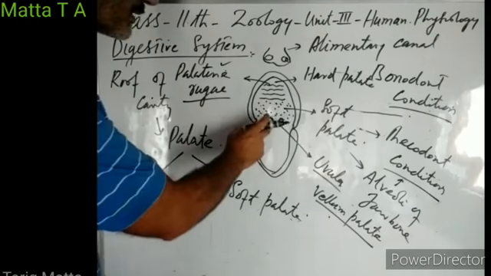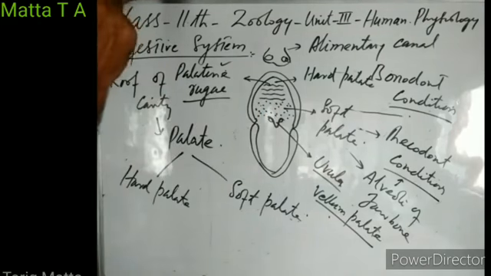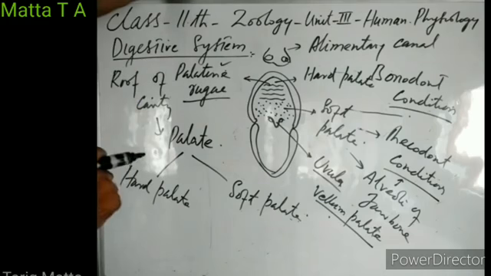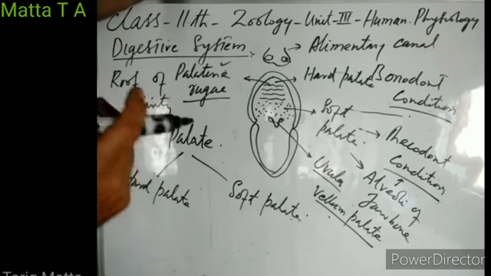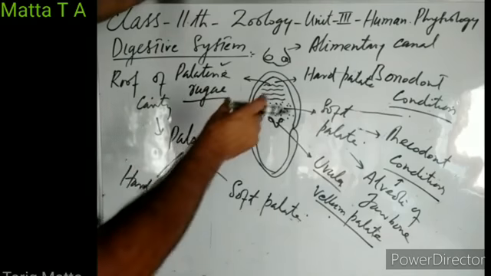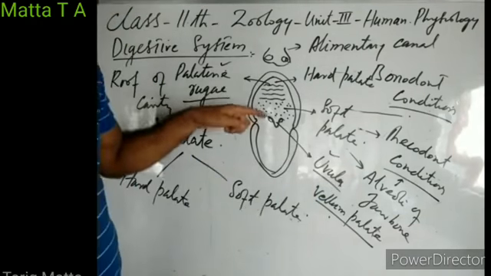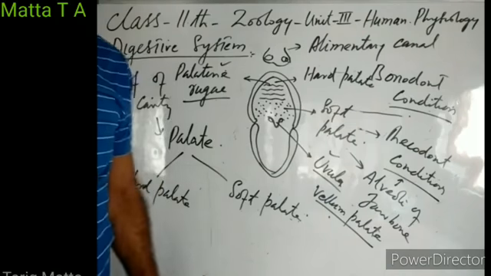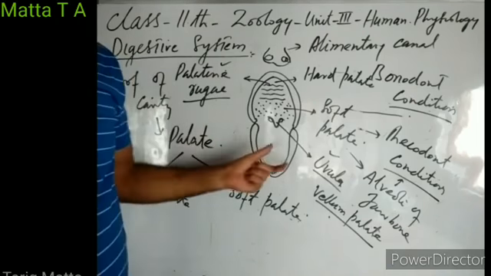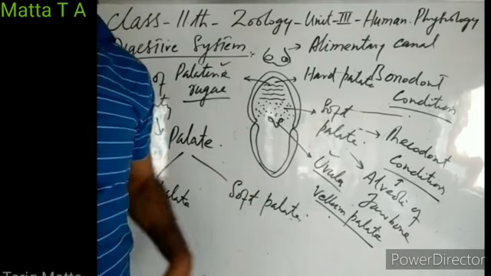So it covers the internal nares during the process of ingestion of food or drinking of water, so that food particles or water droplets do not slip into nasal chambers. So this fleshy lobe-like structure, which is hanging down from the soft palate at its posterior most end, is known as uvula or velum palati.